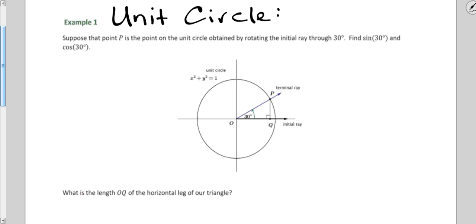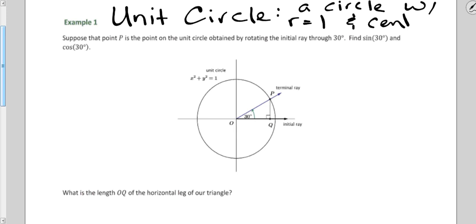A unit circle is a circle with radius equal to 1 and center at the origin, 0, 0. That is a unit circle.